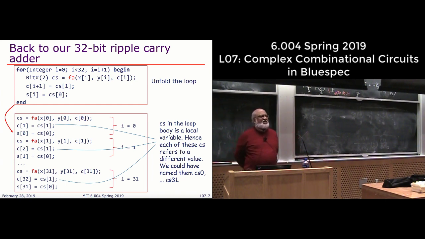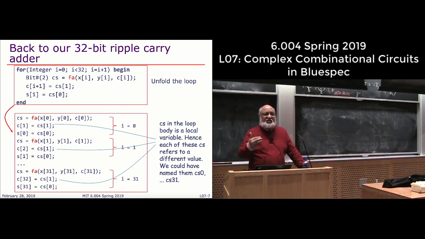This is the first iteration of the loop. Everybody agrees with this, right? And now I'm going to substitute 1 everywhere instead of 0. And notice it's automatically connected because C1 that is being used here was defined in the previous thing I wrote, where I said C1 equals CS of 1.